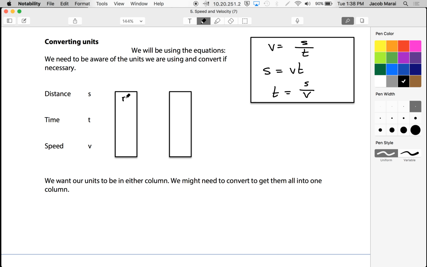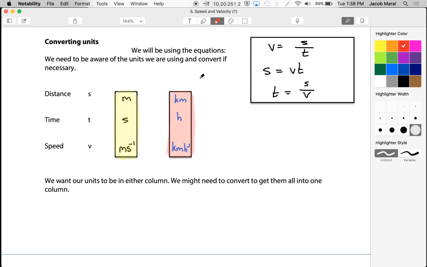If I have meters divided by seconds, then my speed is meters per second. See, I put them all in that column. If I have distance in kilometers and time in hours, then my speed would be kilometers per hour. Okay?